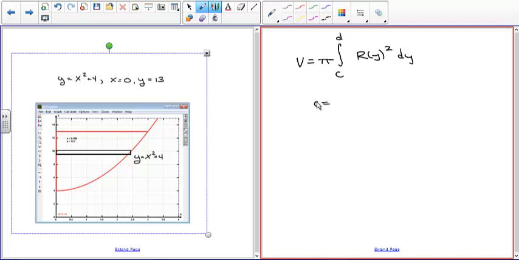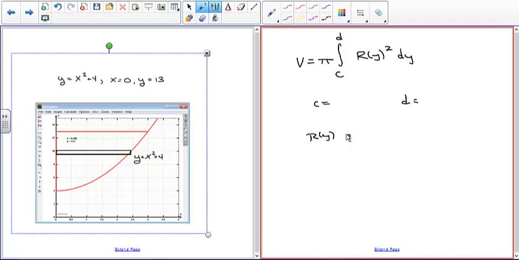We need to know c, d, and r of y. And we can actually use the previous problem that we just did. Remember, whether you're doing the disk method around the y-axis or the shell method around the x-axis, because of the orientation of the rectangle, you're going to be integrating with respect to y. That's why the equation is y.